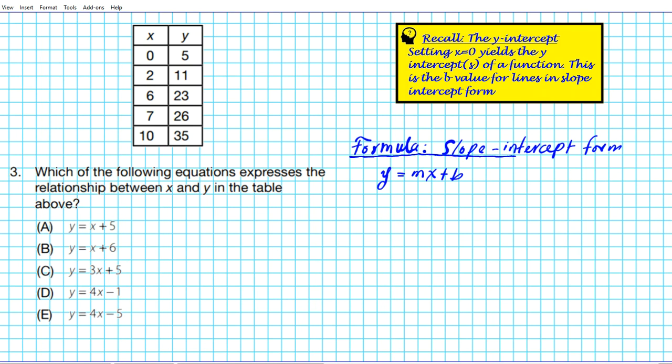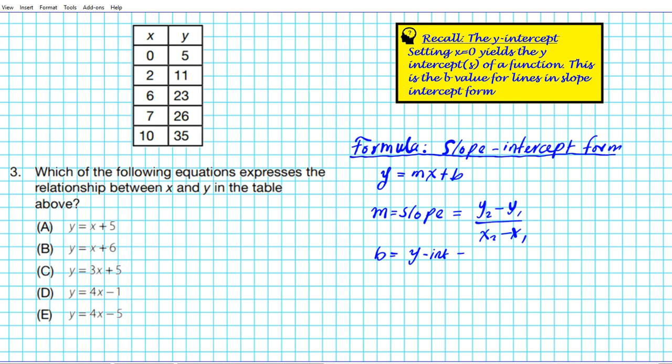Alright, why are we using this form? Well, if you look at the options we have, that's the one that's more consistent with it. Alright, what do m and b represent? M is your slope, which can be computed using the formula y2 minus y1 divided by x2 minus x1. B, we talked about that earlier, represents the y-intercept. There are different ways you can compute it.